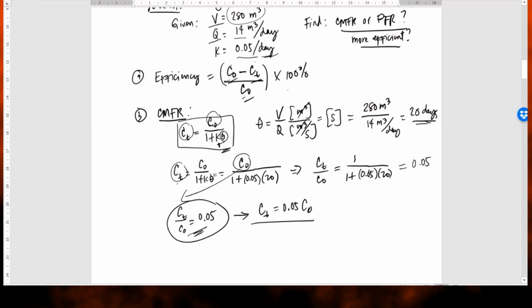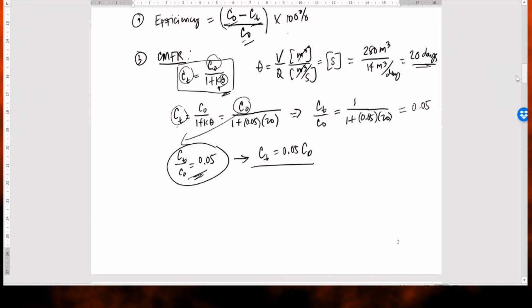Once we have that, what we can do now is calculate the efficiency. Efficiency, in this symbol, is equal to C naught minus C sub T over C naught times 100, as I gave before.